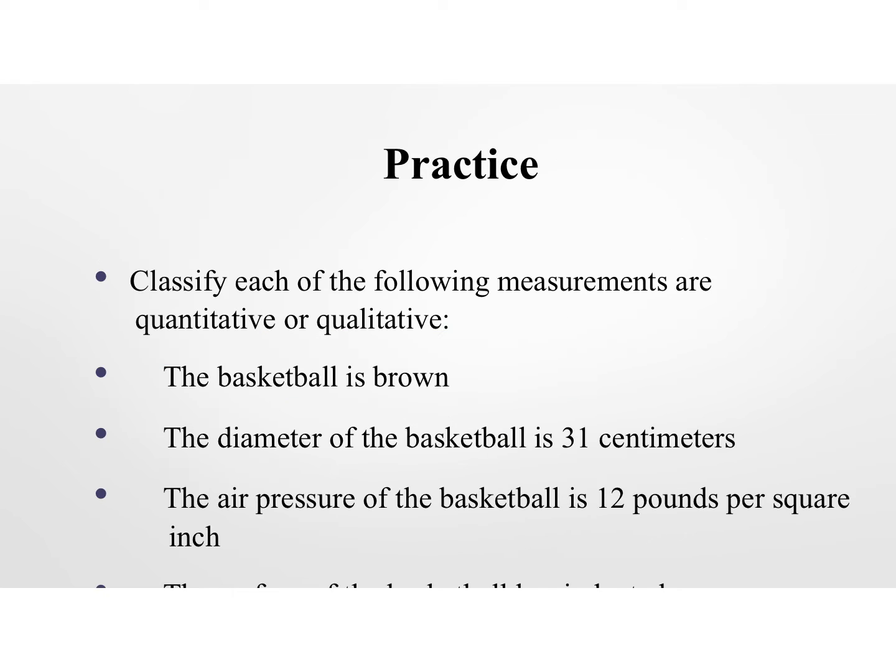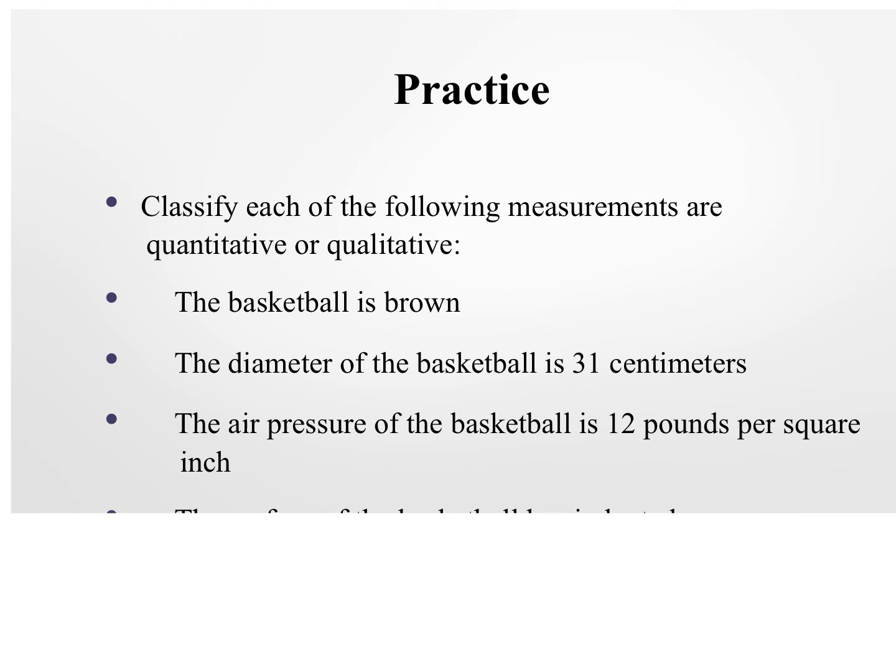Good. All right, so we're going to practice. I have just some statements up here. Some are quantitative, some are qualitative. I'm going to read them, and I just want you to tell me out loud if it's a qualitative measurement or a quantitative. Is it okay if you get it wrong? Yeah, so don't be afraid to try. The basketball is brown. Good. Qualitative. The diameter of the basketball is 31 centimeters.